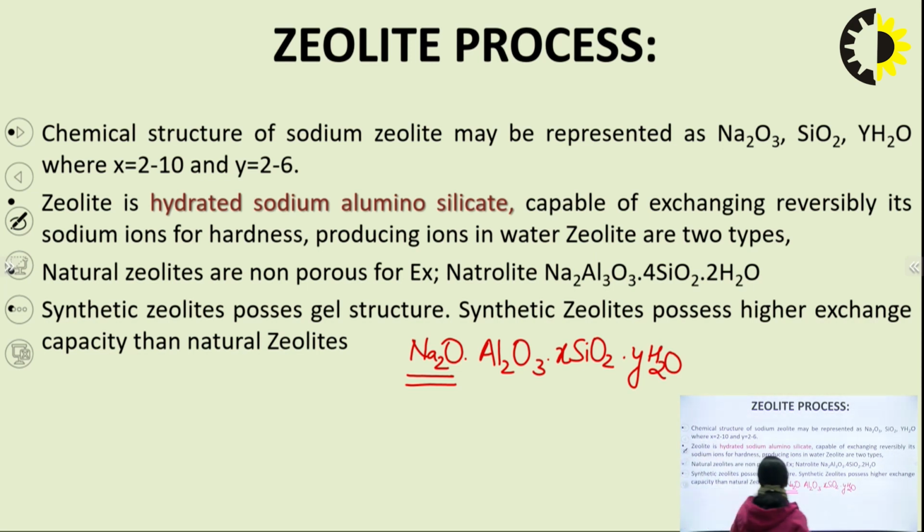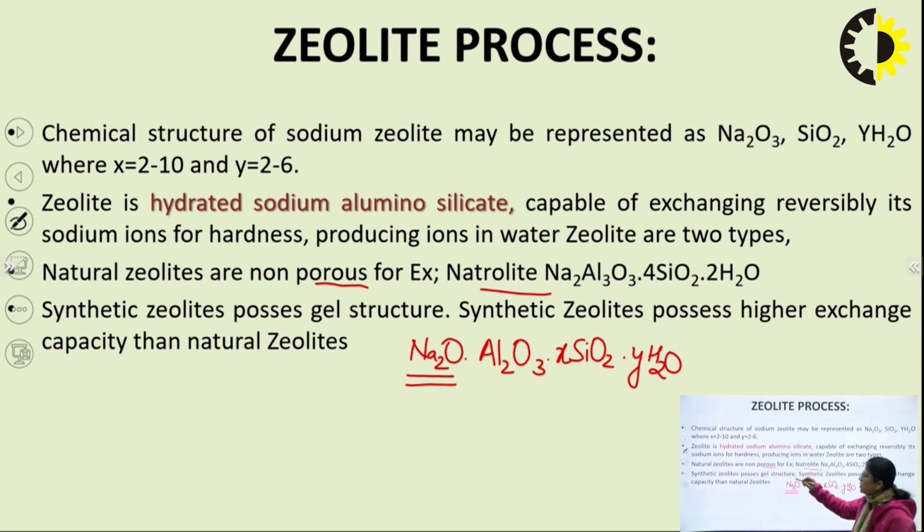There are certain natural zeolites which are found, but these natural zeolites are non-porous in structure. One example is natrolite, having the formula Na2Al2Si3O10·2H2O. So zeolites are of two types.